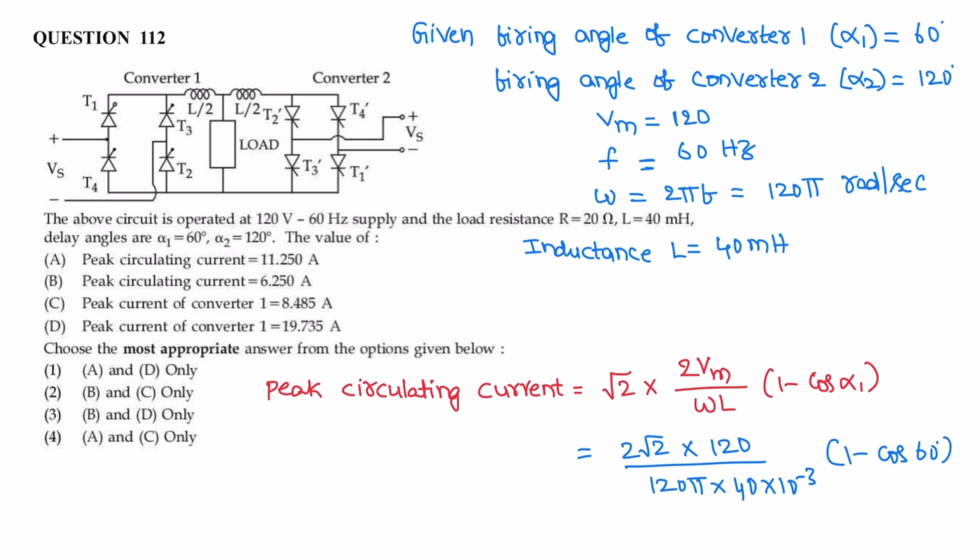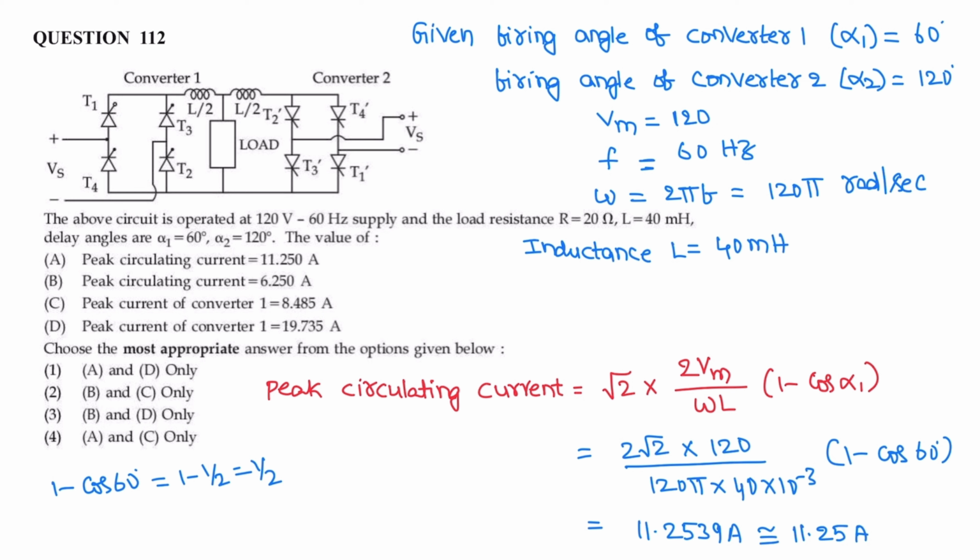Cos 60 is 1 by 2, so 1 minus 1 by 2 is 1 by 2. On substitution, the value of peak circulating current is 11.2539 amperes, approximately 11.25 amperes. This is the value of peak circulating current.